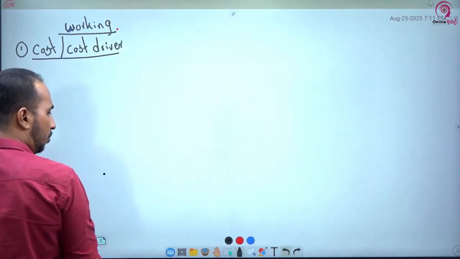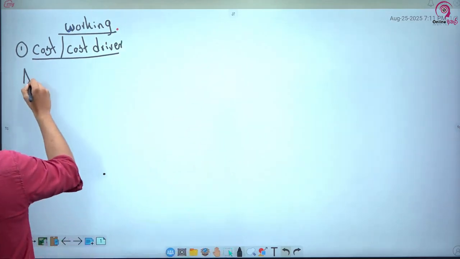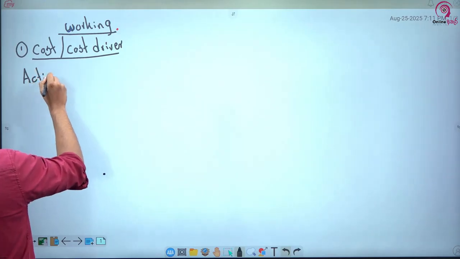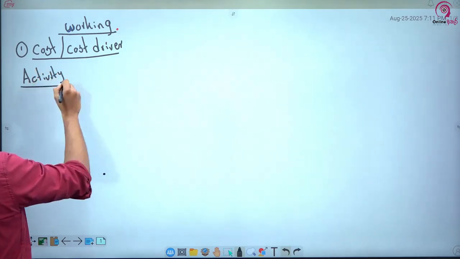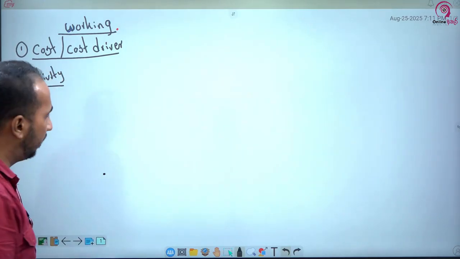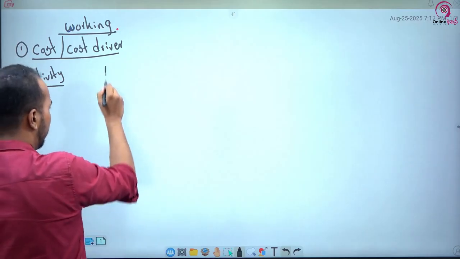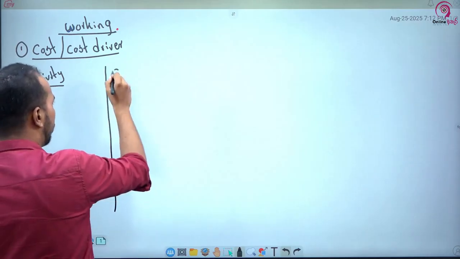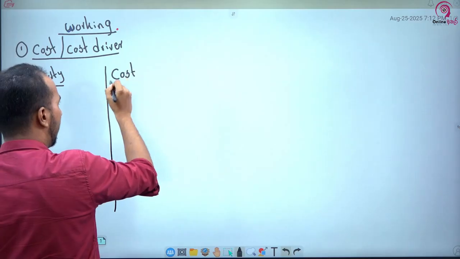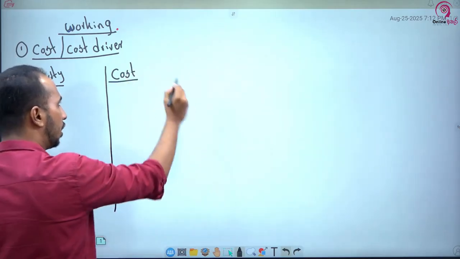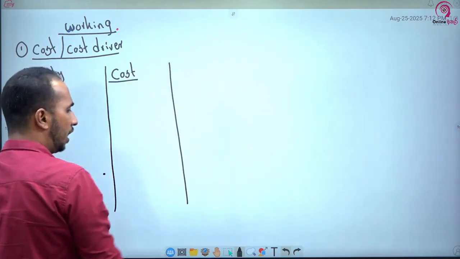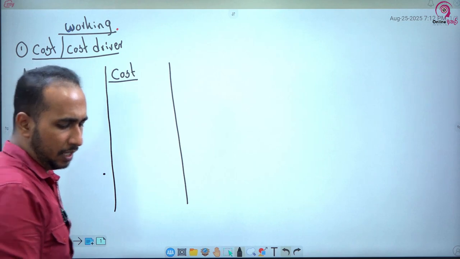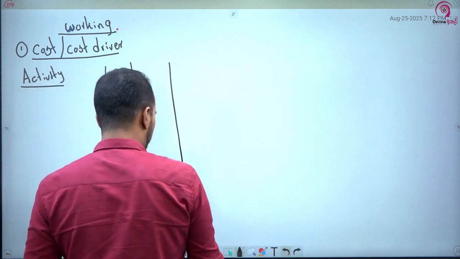For this, I have to identify the relevant activity. That is the first thing. Then I have to take the cost associated with each activity, which I can take from my question. Then I have to identify the cost driver.